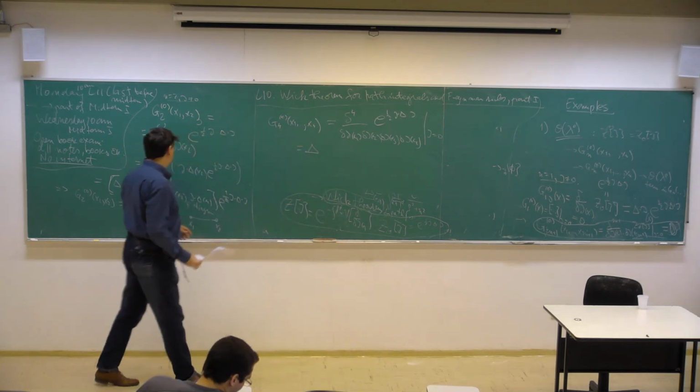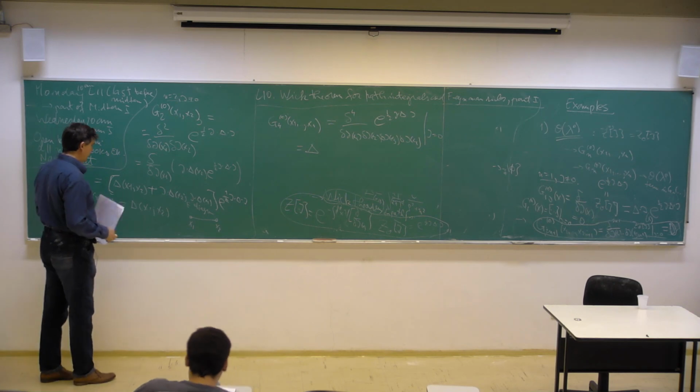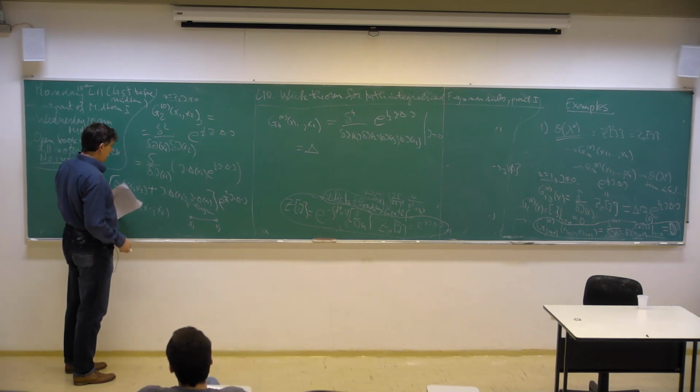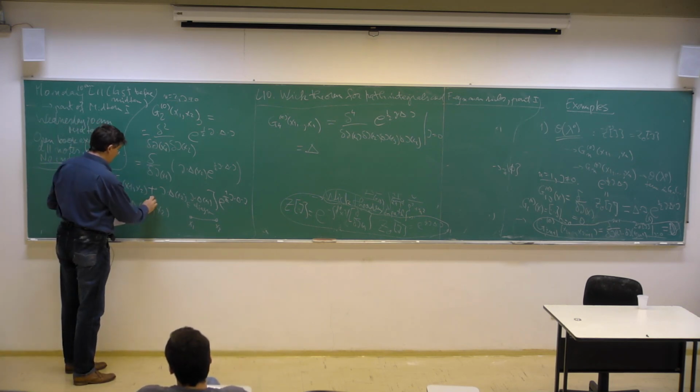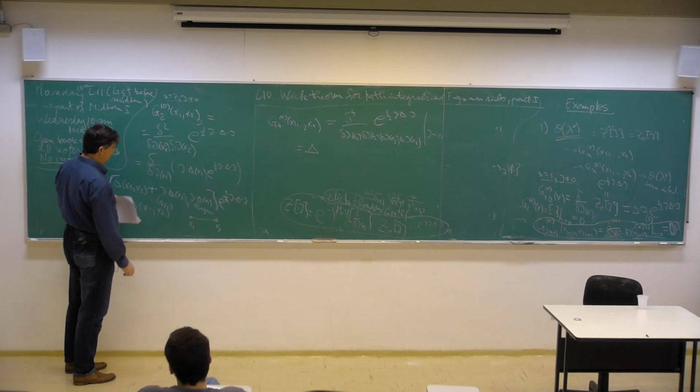And of course, I can get all combinations, right? So from this, and then one term is this, times delta dot j at x3. When I take the second derivative, I get delta of x3, x4, right?